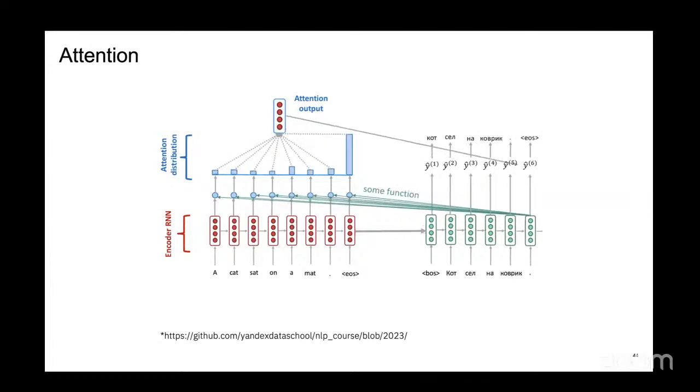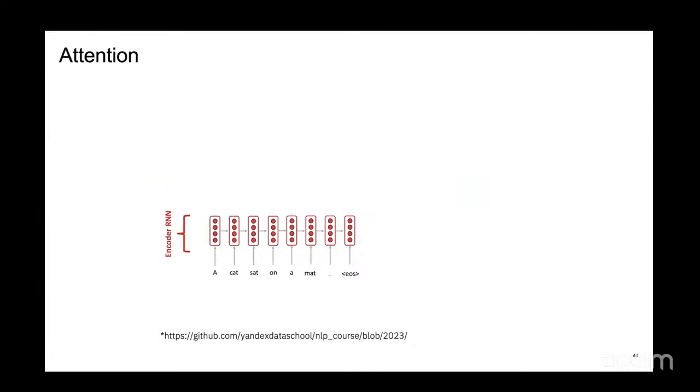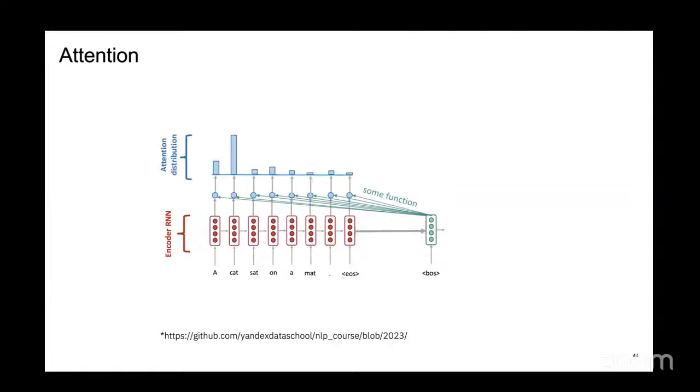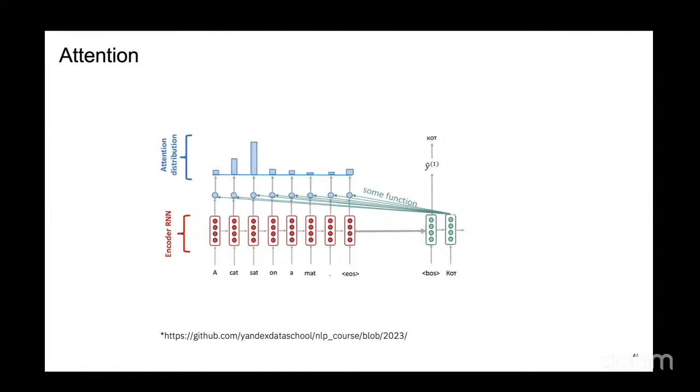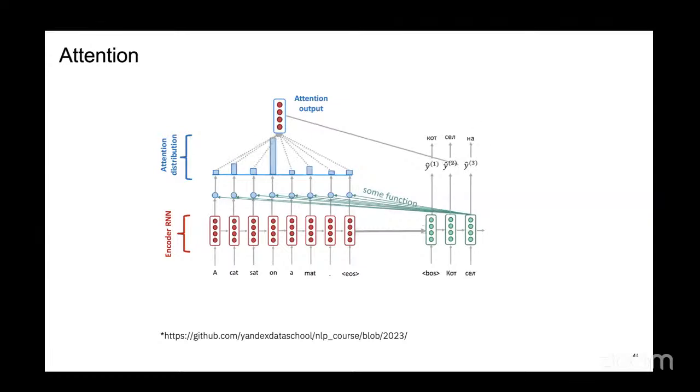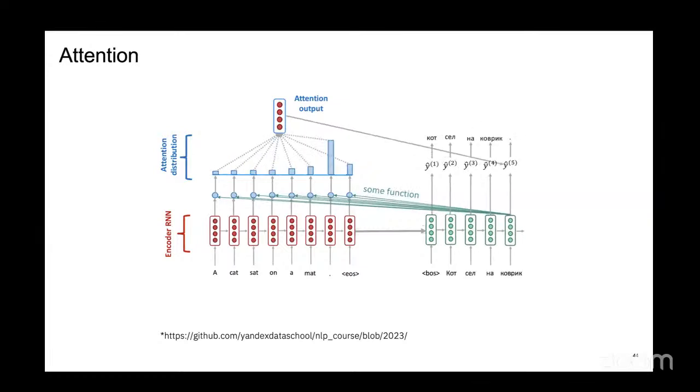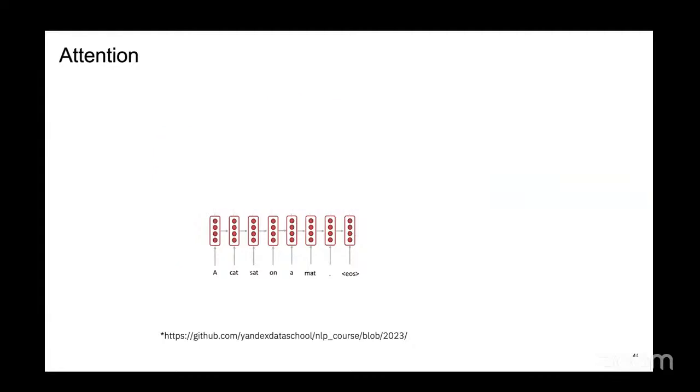For instance, when I'm computing the first word, I calculate how much each word contributes. Let's say in this task I'm taking a sentence and generating an equivalent sentence in Russian. Whenever I generate a new word, you can see there is a bar which represents how likely each word is contributing towards computing the next word in the sequence.